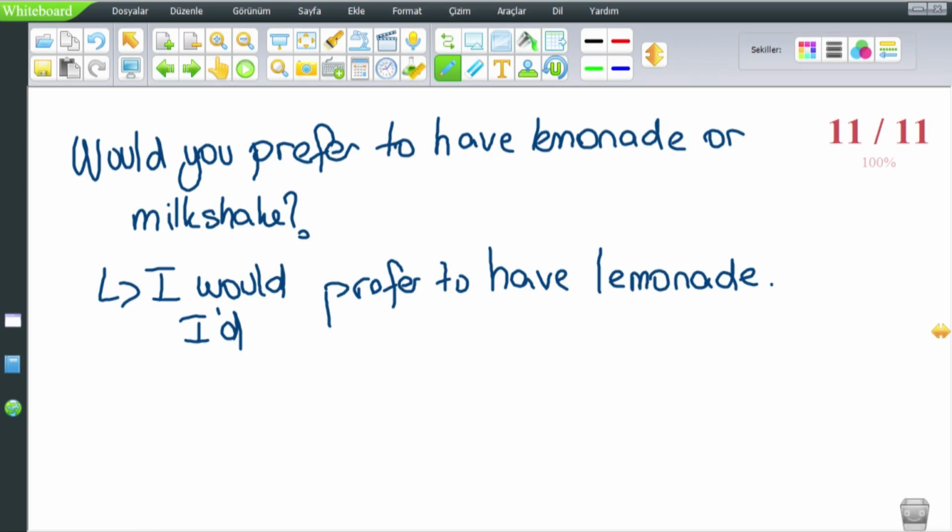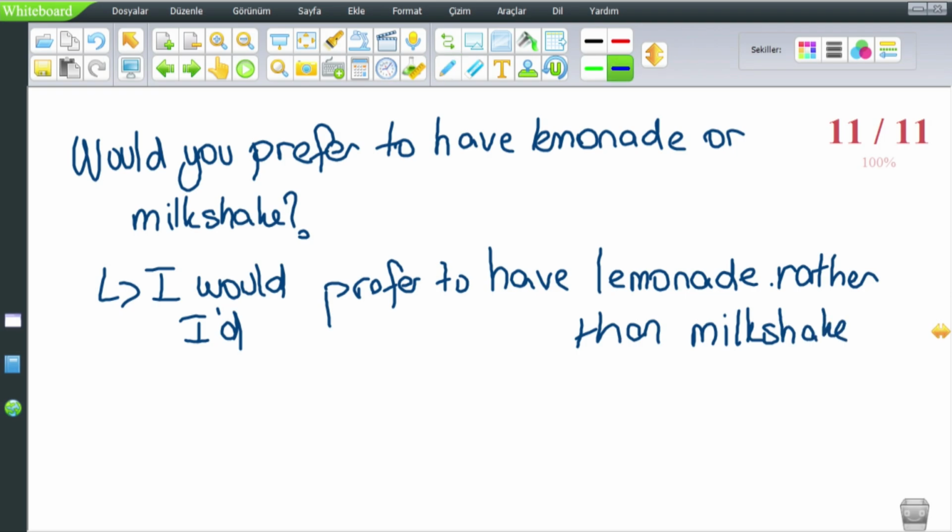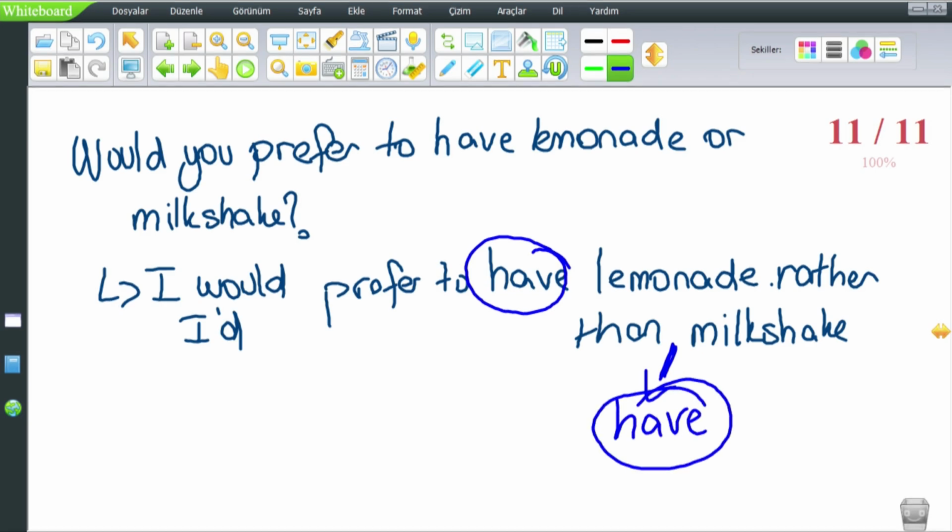Or I can just leave it like this, or I can continue the sentence. I would prefer to have lemonade rather than milkshake. Since the action, the verb, is the same, I omitted the verb have from here, and I just put milkshake, our second choice.